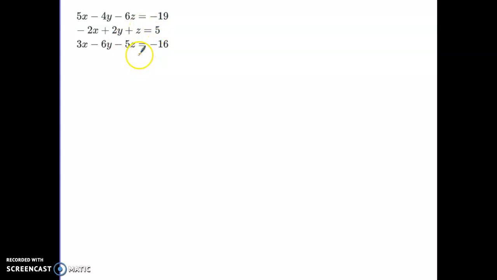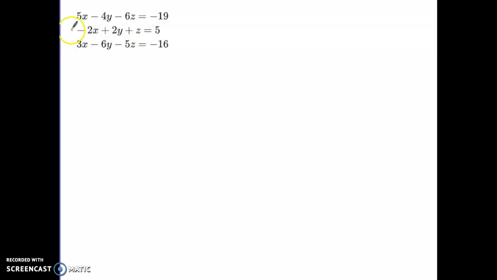All right, this one, you can see that it's not quite as easy to solve as any of the other ones. What I would try to do is I would try to just take one of your equations and maybe multiply it a couple of times in this case. So, for example, I'm going to eliminate the z's first this time.